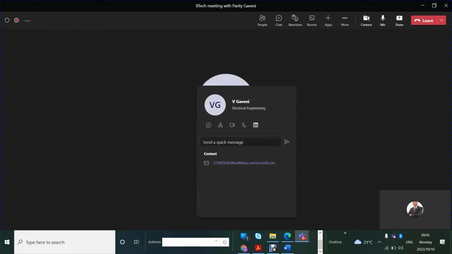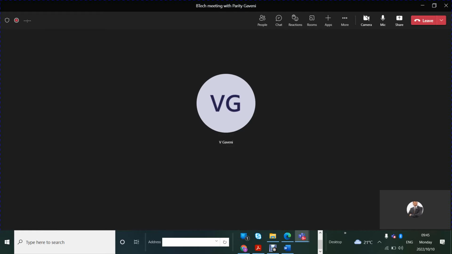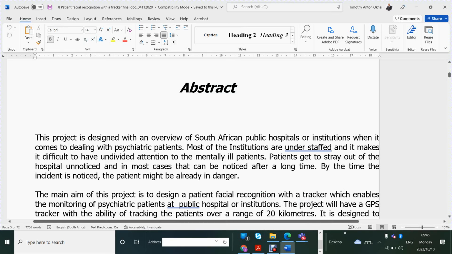So a general introduction, a statement of the problem, the methods you are going to use to solve them, and then the outcome or result you're getting from it, and a short conclusion. So that's the format of the abstract.